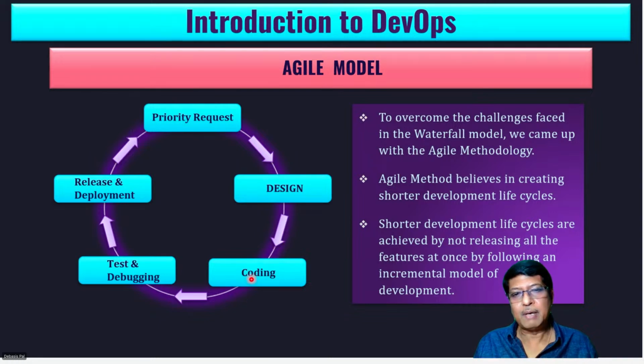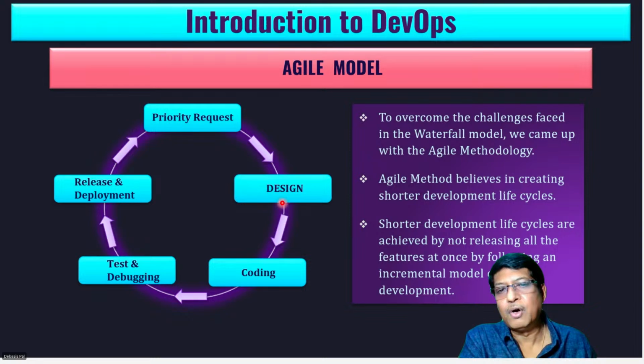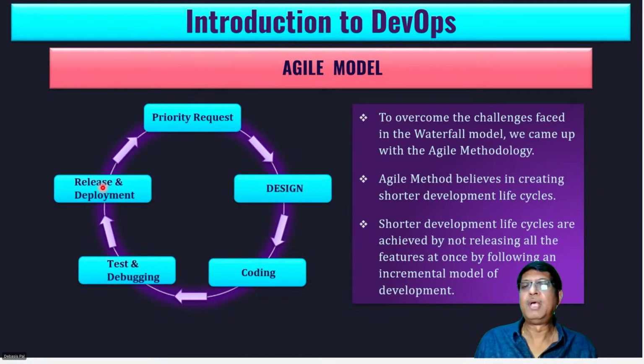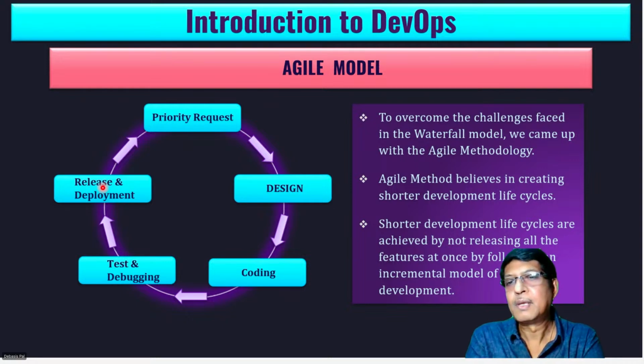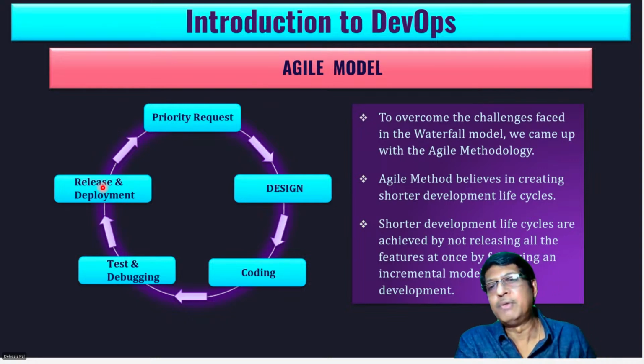Coding comes. From the very first day, the testing team is involved, because on the very first day you can expect the developer has given some part of code for testing to the testing team. If you have made an automation pipeline, some part of it will come for release and deployment on the very first day because there is an automation pipeline.